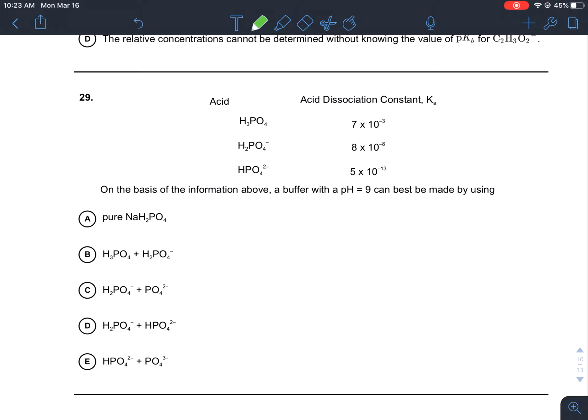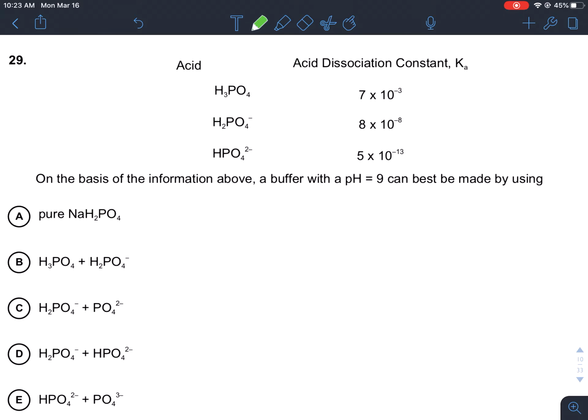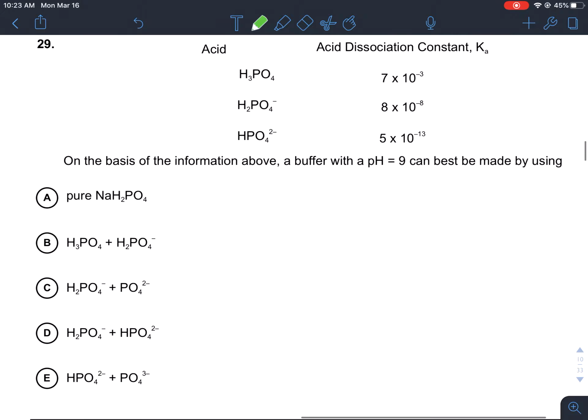All right, here's phosphoric acid and its 3 forms. On the basis of the information above, the buffer with a pH 9 can be made by using. This is kind of a unique question in this packet as well. If you have a buffer with pH 9, it's going to be 10 to the negative 9, right?